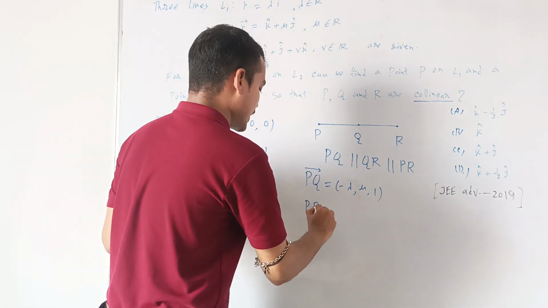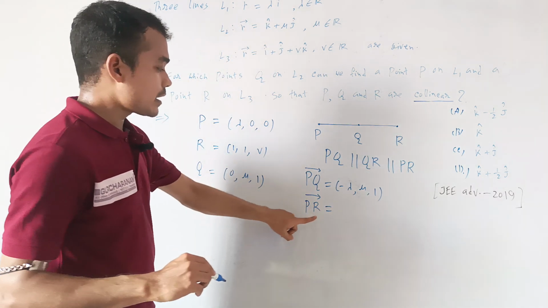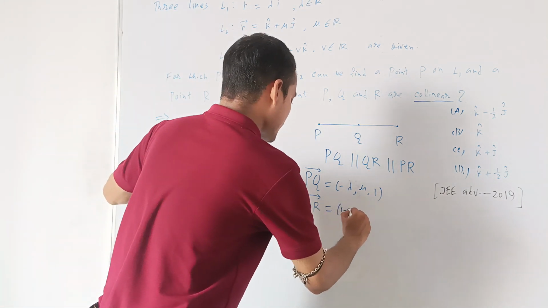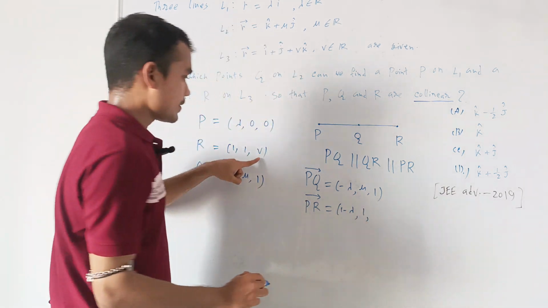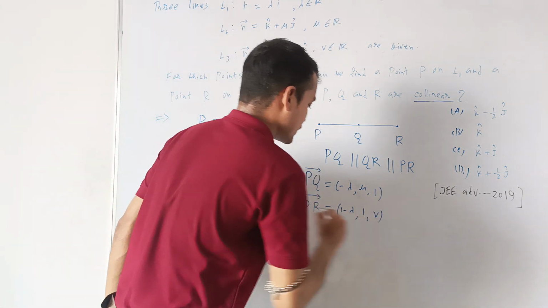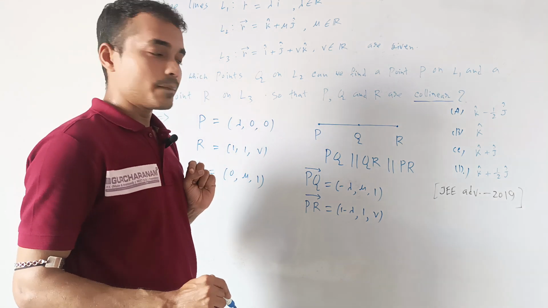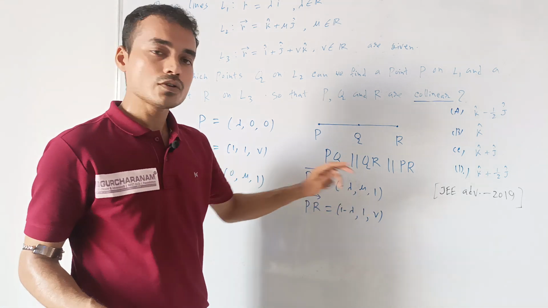Now find the PR vector. What is the PR vector? PR means R minus P. So R minus P: that means 1 minus lambda, 1 minus 0 means 1, and V minus 0 means V. Okay. So PQ and PR, these 2 vectors are parallel. So parallel means the ratios are also the same.